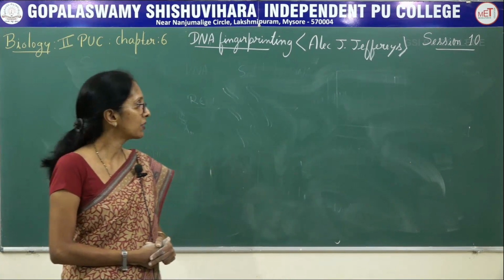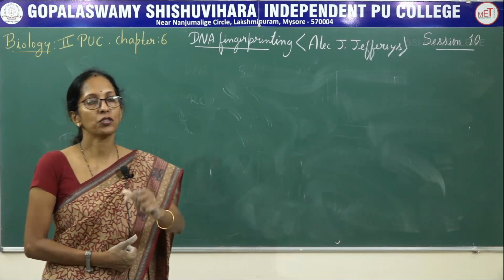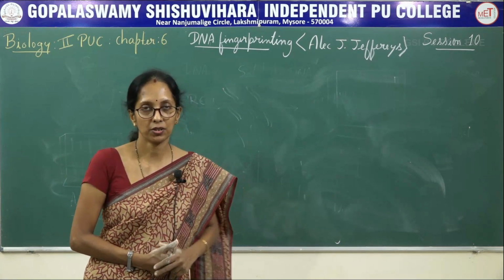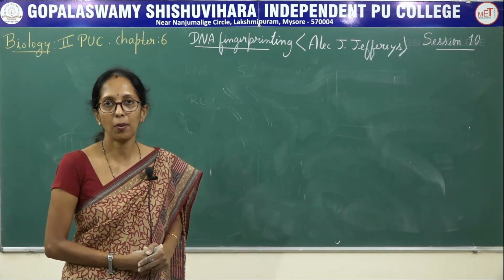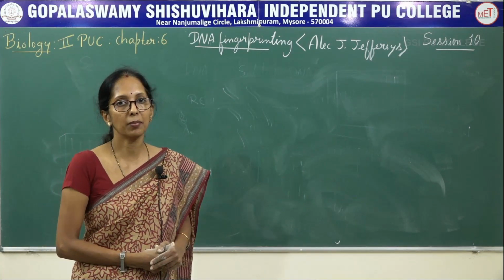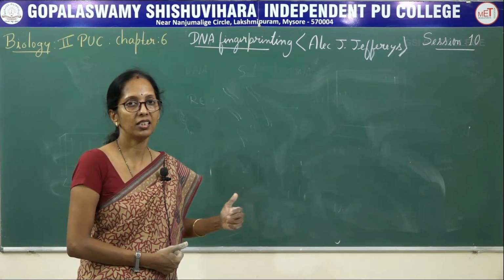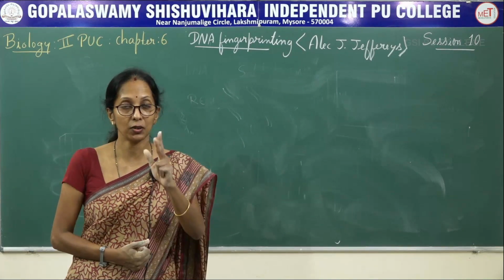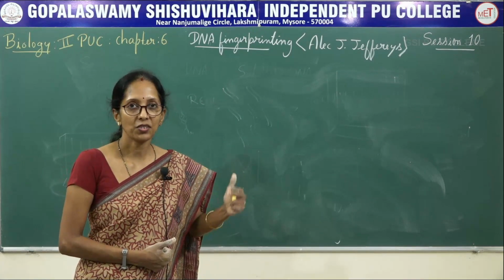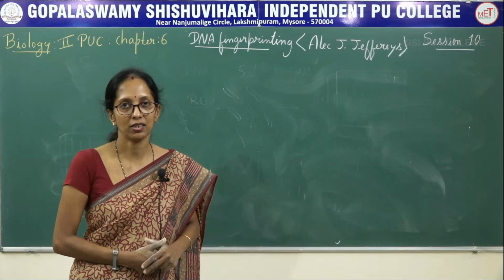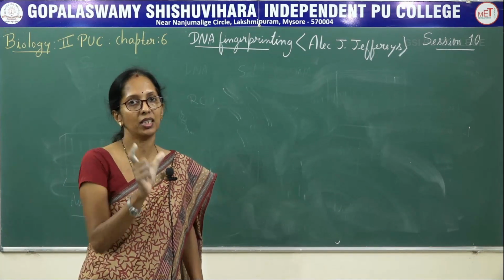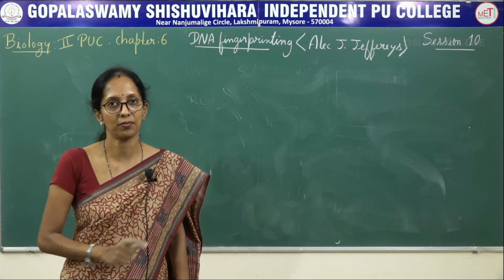And then coming to the next, transcription and translation together is said to be the central dogma. It is the movement of genetic material from the DNA into the protein, so it includes two steps: transcription, translation.